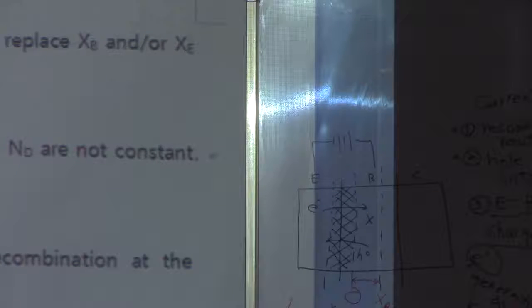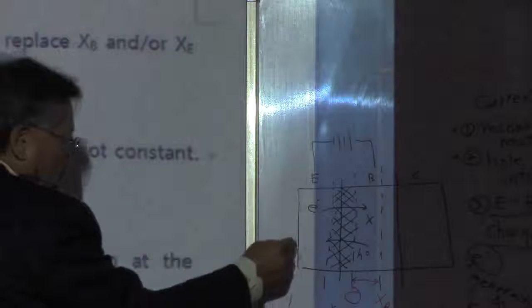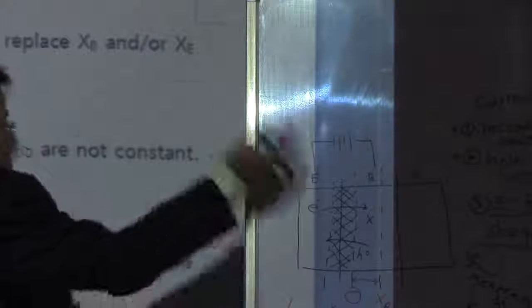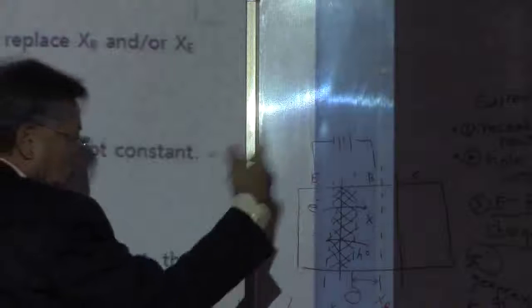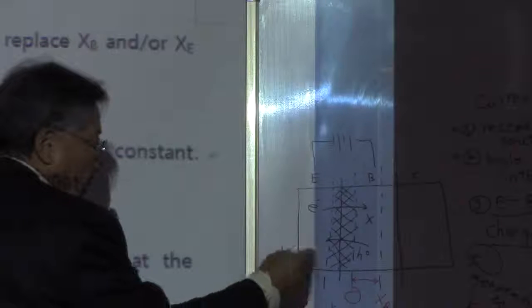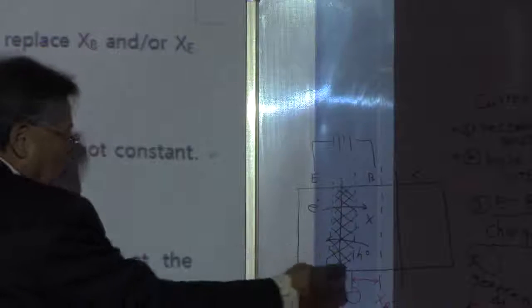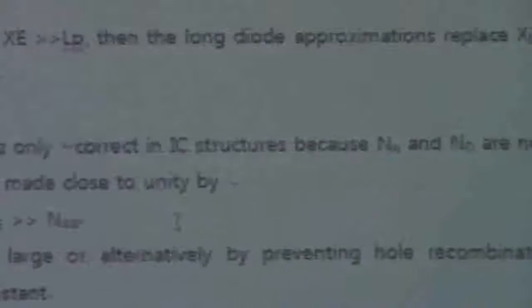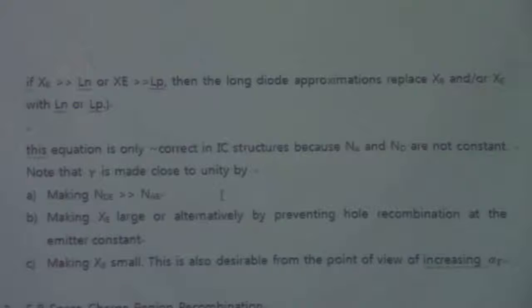At these junctions, we always have the hole concentration equal to 0, because it is going to be taken out to the outer circuit. So if you make it this long, you have less chance for the holes to be injected into the emitter. So we want to make the emitter as large as possible to have the gamma, the efficiency, close to unity.